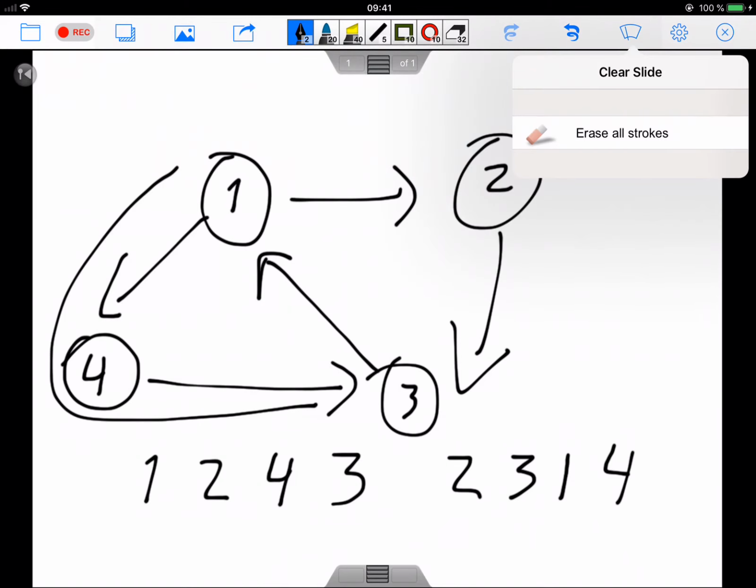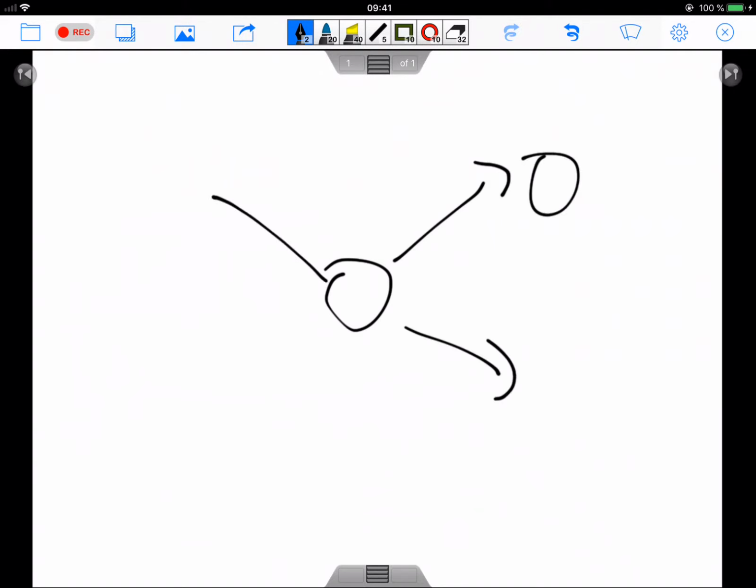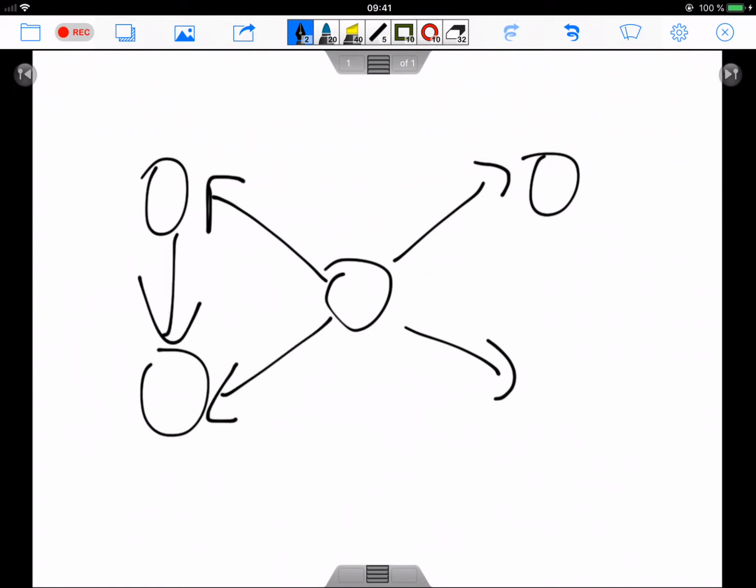For instance, imagine that we have something like this. We have a graph like this. Okay, this graph is not strongly connected, okay?